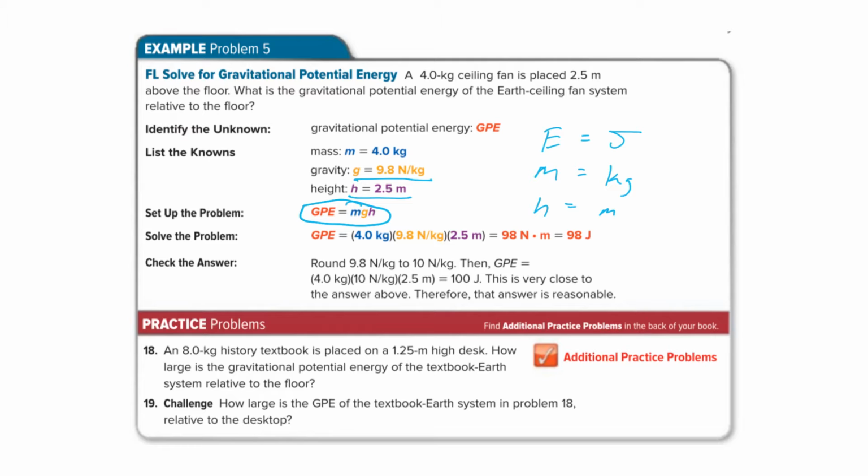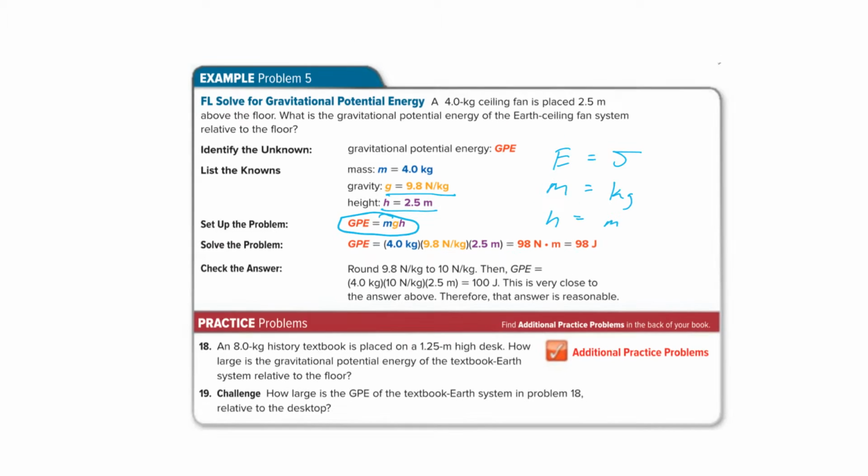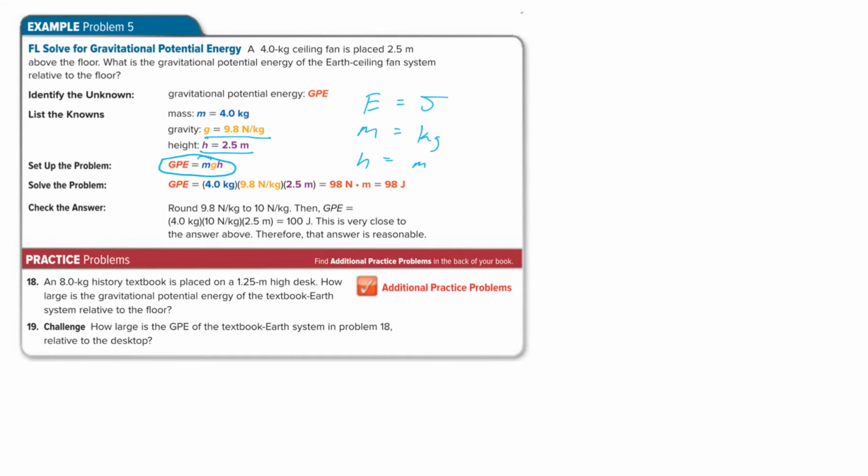So we'll look at the first one, the example problem up here. A 4.0 kilogram ceiling fan is placed 2.5 meters above the floor. What is the gravitational potential energy of the Earth's ceiling fan system relative to the floor? So you set this up. So you have GPE equals mgh.